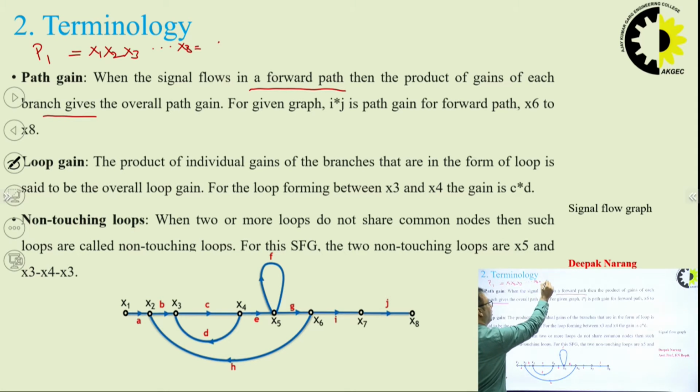So its path gain becomes A into B into C into E, G, I and J, if we refer to this example.